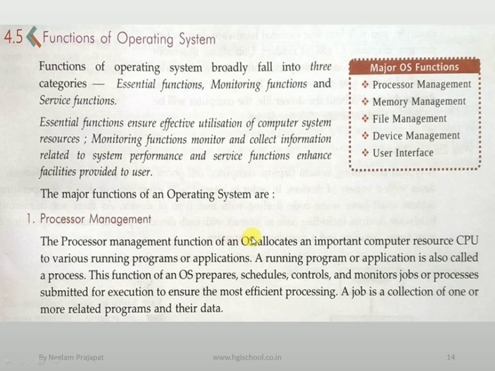The process management function of OS allocates an important computer resource, the CPU, to various running programs or applications.